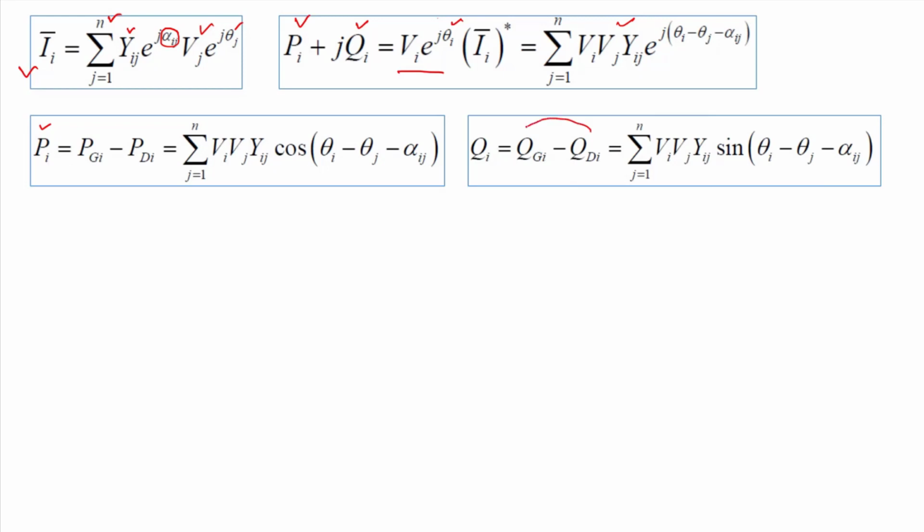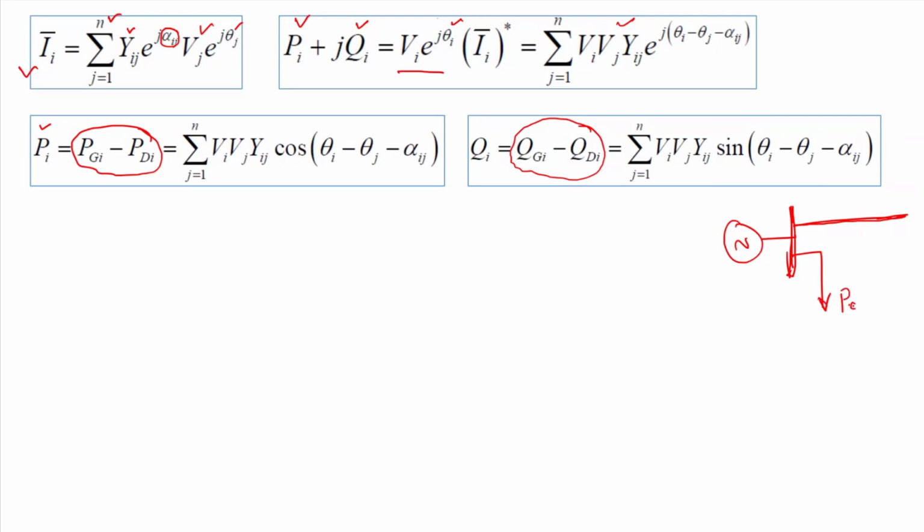Perhaps you know how the power injection is written here as Pgi minus Pdi and Qgi minus Qdi, but just for your information, in a bus, many people know this. Here is a bus which is connected with one generator, and this is the transmission line which is connected to other buses, and here we have a load, right?